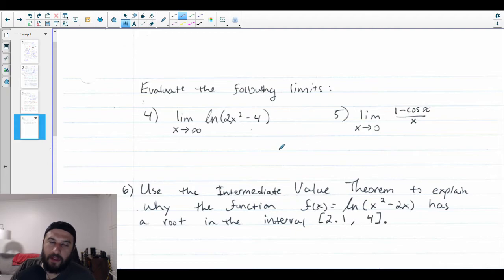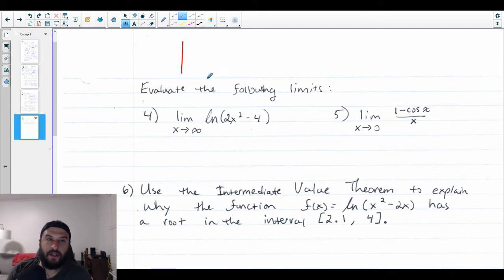Evaluate the following limits. X approaches infinity of ln of 2x squared minus 4. Again, put this on a calculator section just in case you're not that comfortable with ln yet. But you don't need a calculator to do this one. We know that 2x squared minus 4, as you approach infinity, is going to approach infinity. It's going to go on forever.